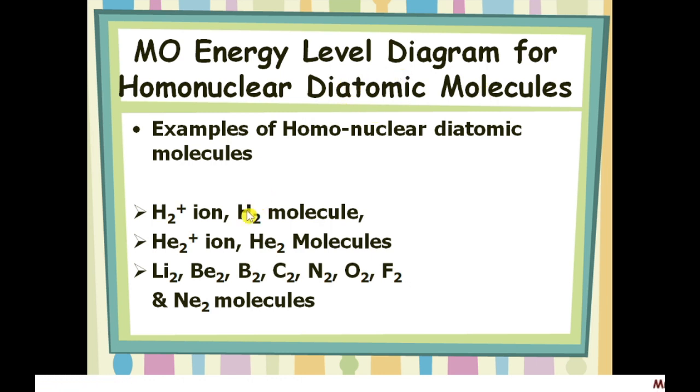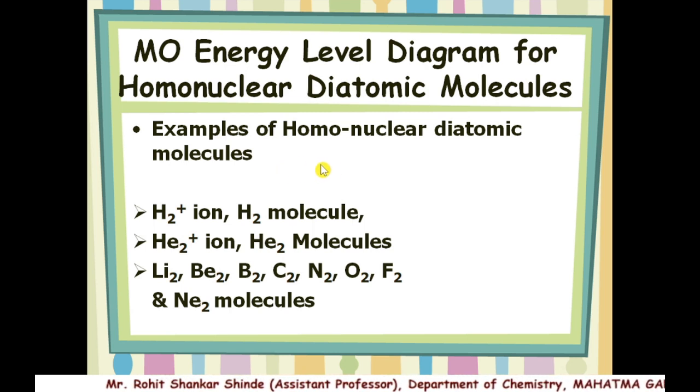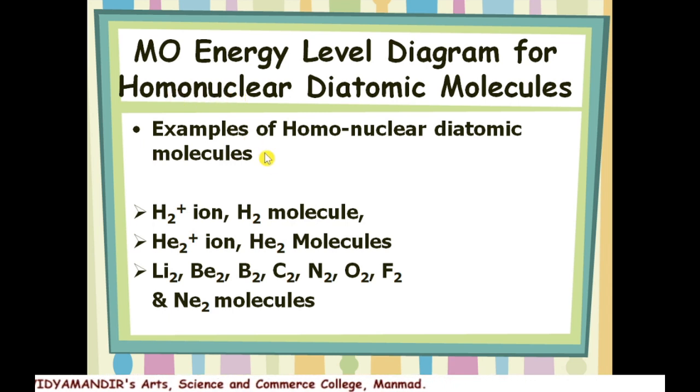For example, the H2 molecule is formed by combination of two atoms, the first hydrogen atom and the second hydrogen atom, and these two hydrogens are similar. That's why the term used is homonuclear, that is same nucleus. Here are a few examples of homonuclear diatomic molecules: H2 molecule, He2 molecule, C2 molecule, F2 molecule.